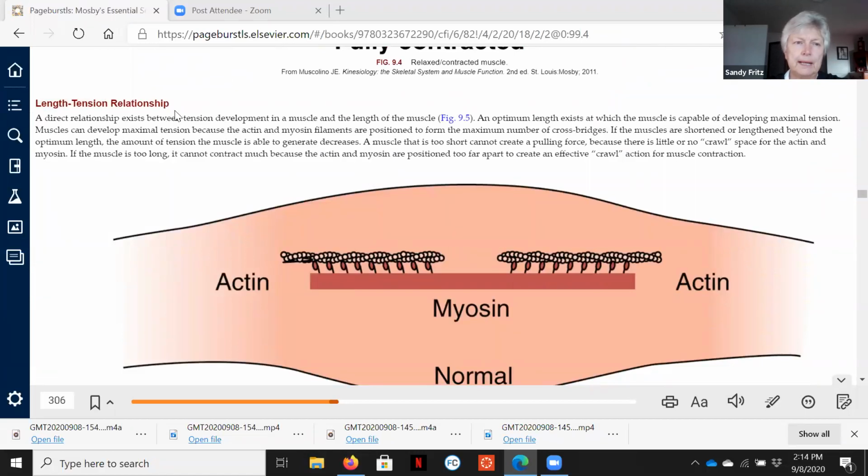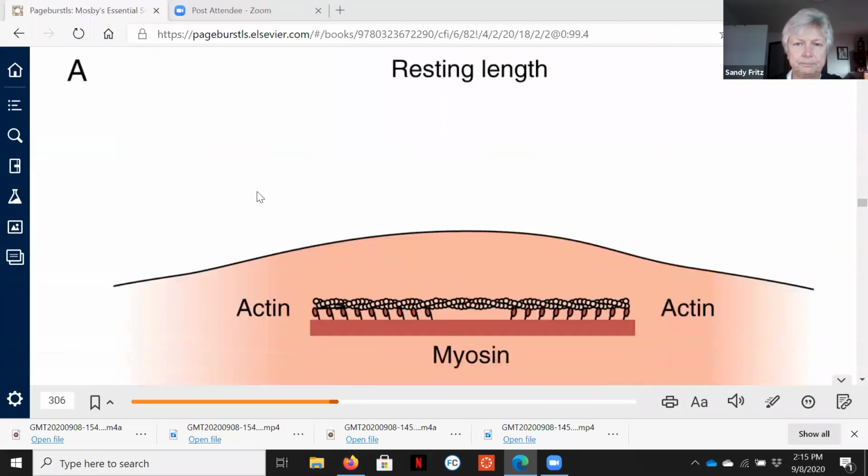So the relationship of the actin to the myosin and how far apart they are or how close together they are, and where it's optimal, is what's called a resting length, that's your length tension relationship. And if that gets disturbed, something might not have the range of motion it needs.